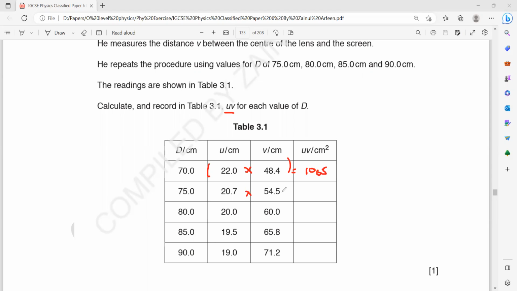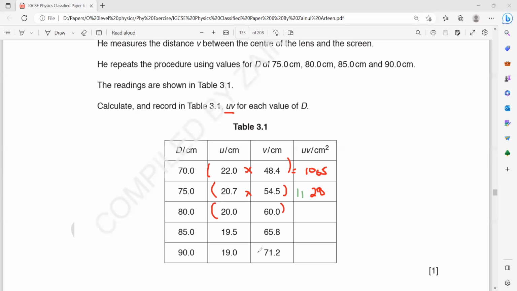If 20.7 times 54.5, what's the answer? It's 1128.15, so we can write 1128 as this value.